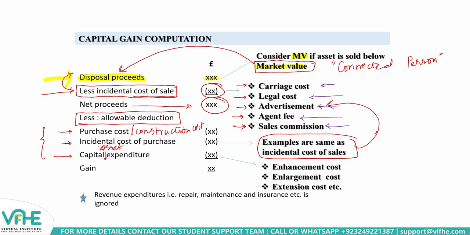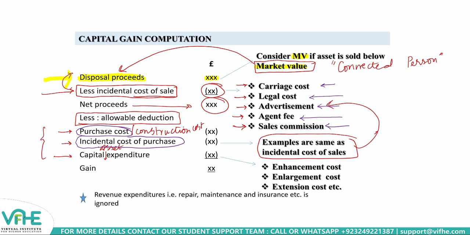So not just the purchase price of the asset is important, all the expenses which have been incurred alongside the purchasing activity are to be taken into account as well, because these are the expenses which are capitalized. So whenever you are dealing with non-current assets, capital assets, chargeable assets precisely, you need to consider all such costs.